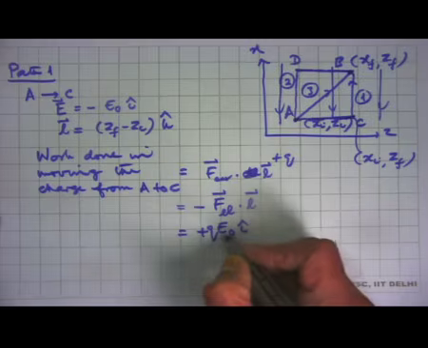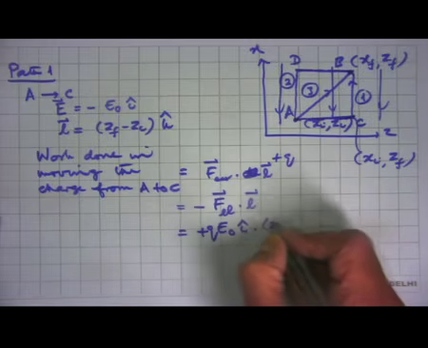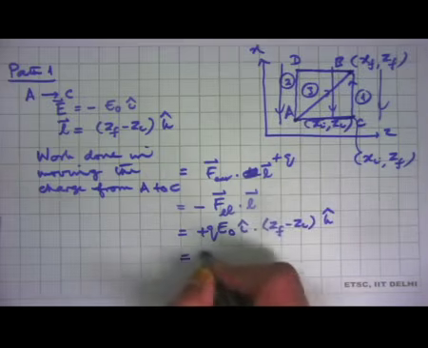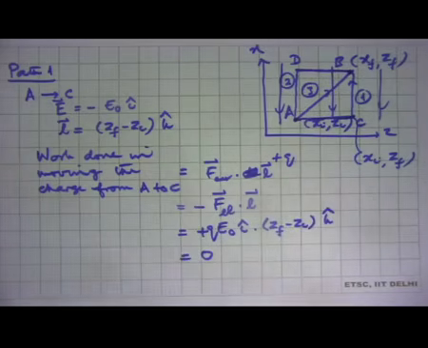So, the force is q times electric field dot Z f minus Z I into k cap, which is equal to 0, because I dot k is equal to 0.